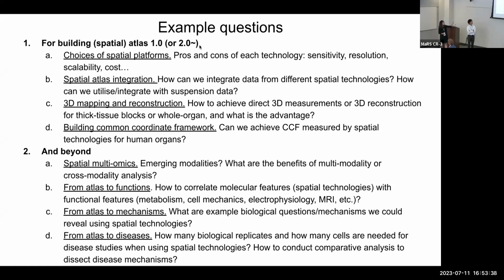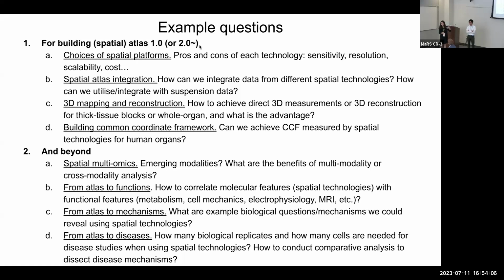But the one thing I just want to say is that it's also about spatial to spatial integration. As I mentioned, it would be nice to have spatial multiomics through this, but we can go back to the second point of spatial multiomics. I want to move forward with this 3D mapping, reconstruction, and the common coordinate framework, because that's maybe the ultimate goal, that we have a spatial atlas of the human body.